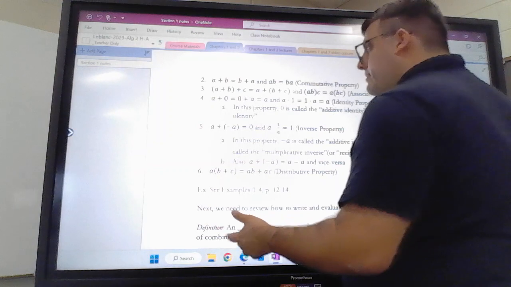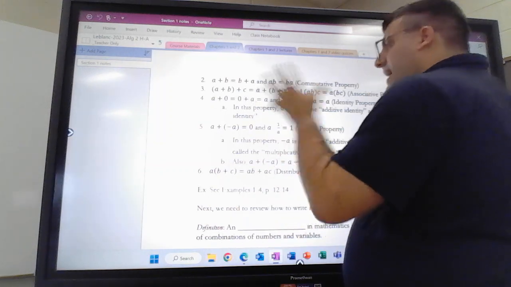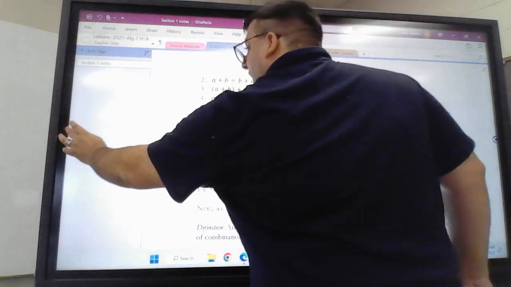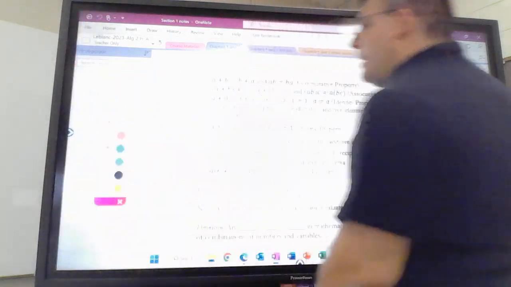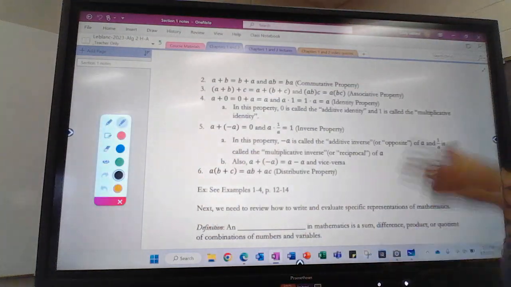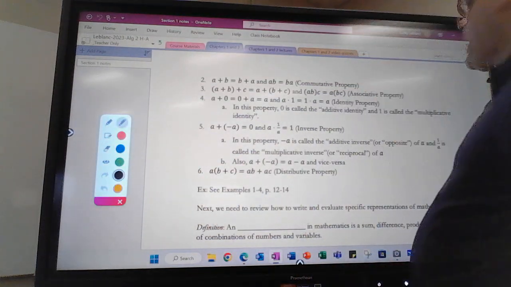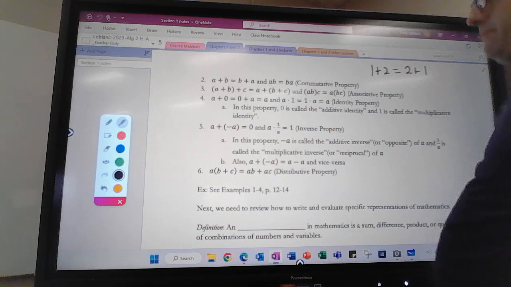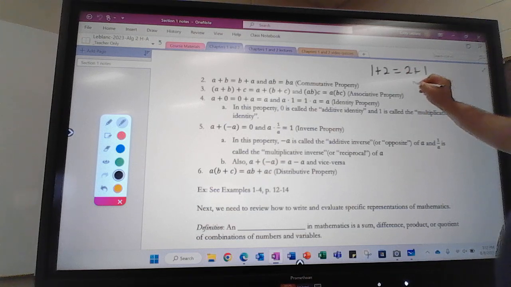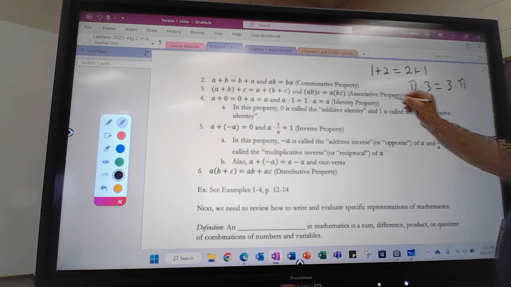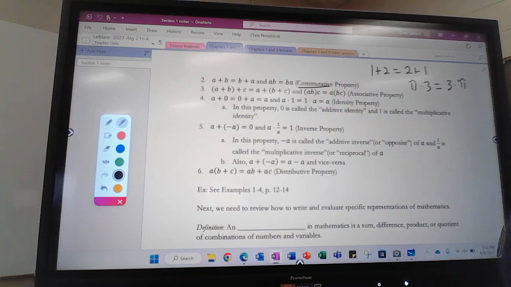If I add or multiply two real numbers together, then they mean the same thing no matter which direction you add them. 1 plus 2 is the same as 2 plus 1. I'll use 3 pi: 3 times pi is the same thing as pi times 3. That's called a commutative property.